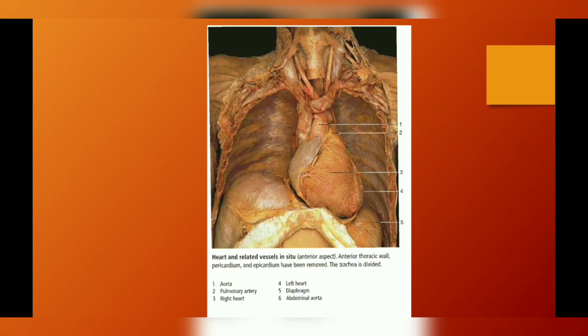You can see one is the aorta. This is the pulmonary artery. This is the right heart. This is the left heart. And the 5 is the diaphragm.